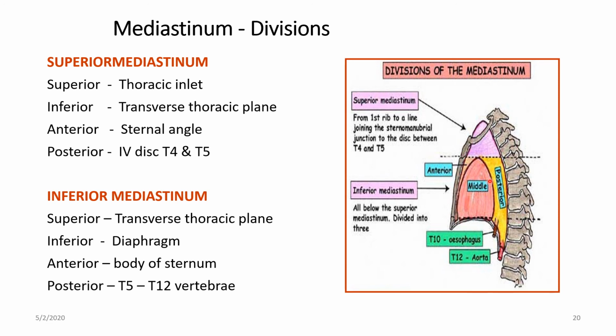And for the inferior mediastinum, above is the transverse thoracic plane and inferior is the diaphragm. And anterior to it will be seeing the posterior surfaces of the bodies of sternum and T5 to T12 vertebrae posteriorly in relation with it.